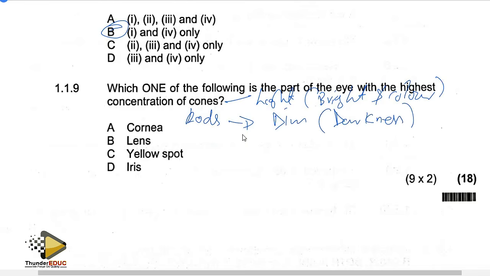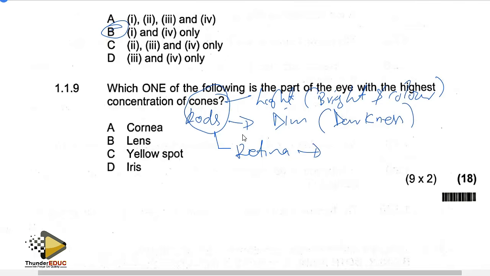Yes. So now they are saying where do we find this? These are photoreceptors, which are found on the retina. And then we have the highest point where you have the sharpest image. Where is it formed?